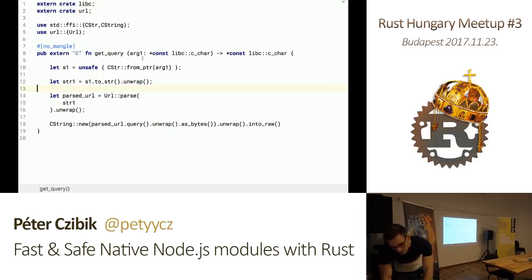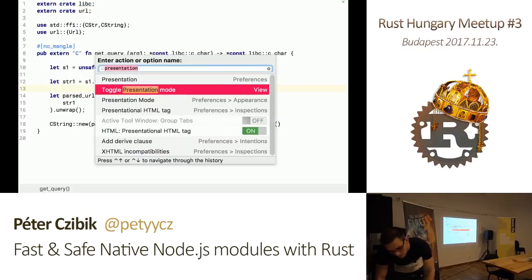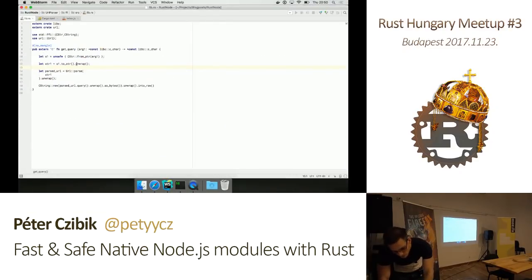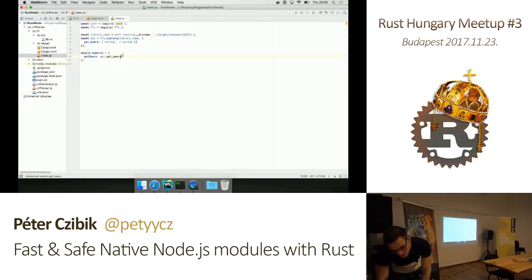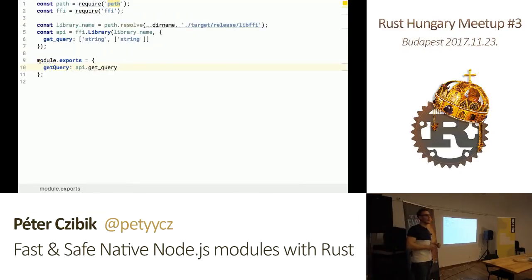So this is the Rust part, and to access it from Node.js, we can just use the FFI package, and we have to give it the compiled binary's path, the name of the function that we would like to call, the parameters it takes, and what it returns.